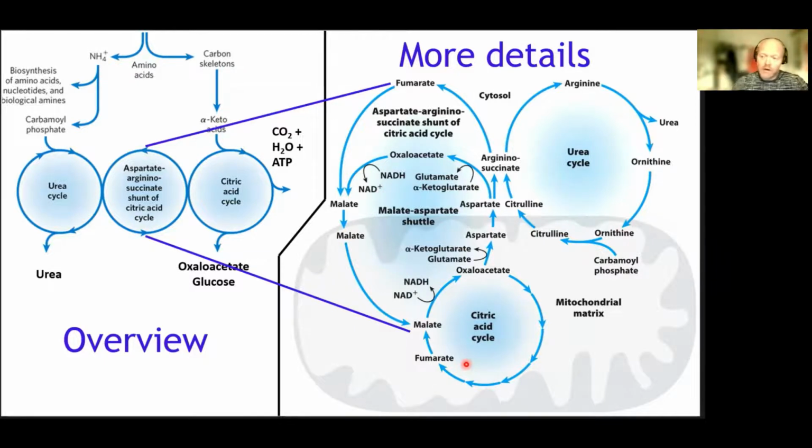Now, by now, we have actually gone through practically all processes in these cycles. The main takeaway message from this slide is that these cycles are connected, and that argininosuccinate here, malate, and oxaloacetate here and here constitute the compounds that they share through the aspartate argininosuccinate shunt.